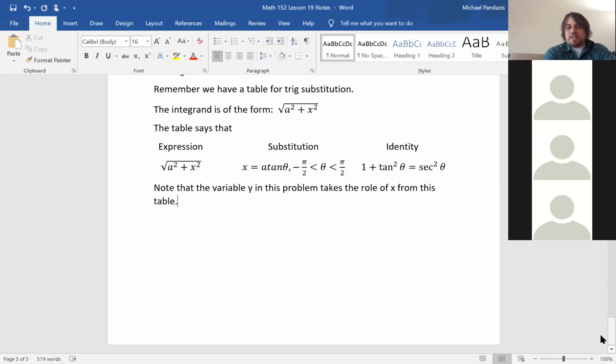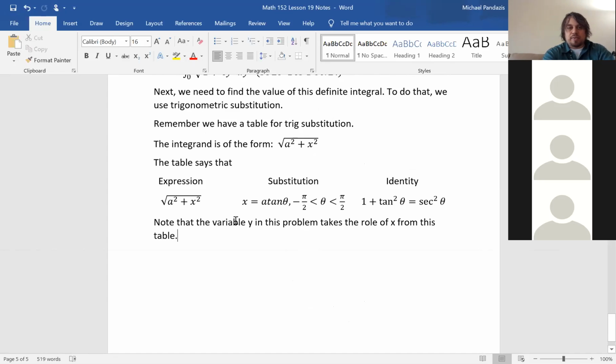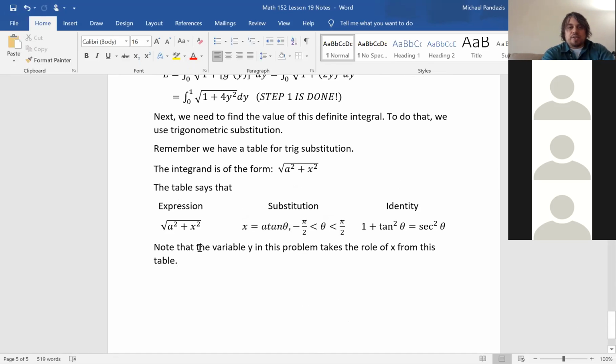Y is the input of our function here, and so y is doing what this table is saying. Note that an expression of y in this problem takes the role of x from this table.